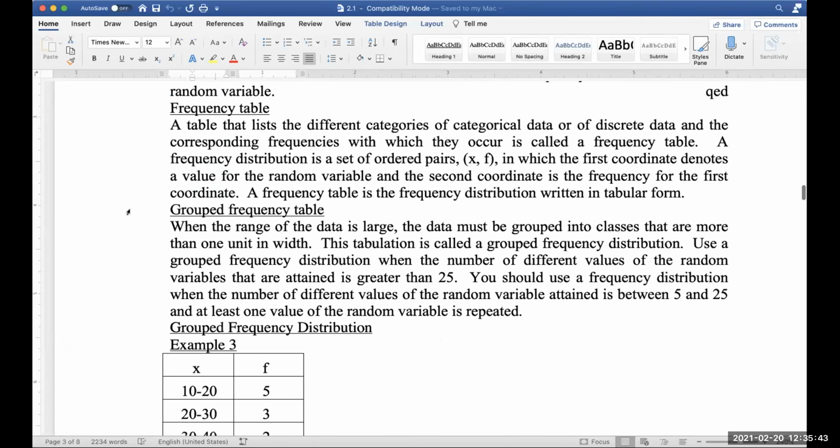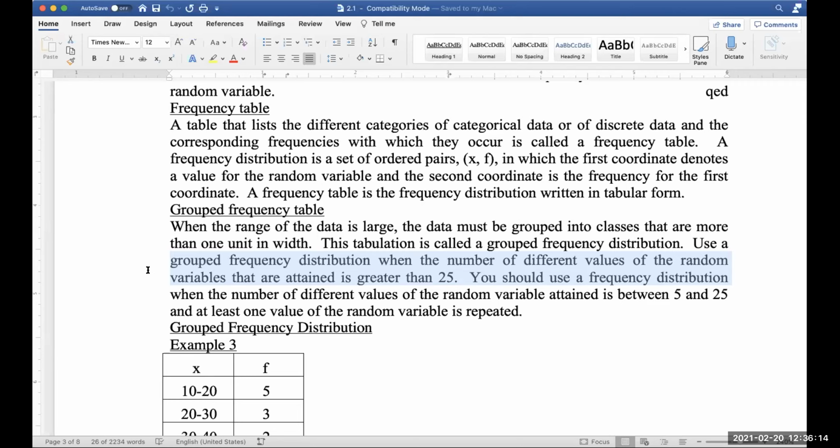So a group frequency distribution. When the range of the data is large, the data must be grouped into classes that are more than 1 unit in width. And so, in general, you should use a group frequency distribution when the number of differing values that the random variable can attain is greater than 25.